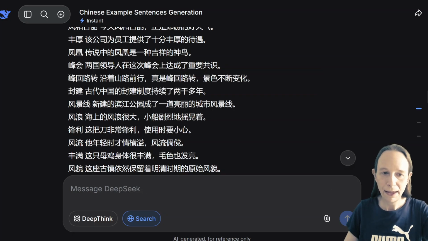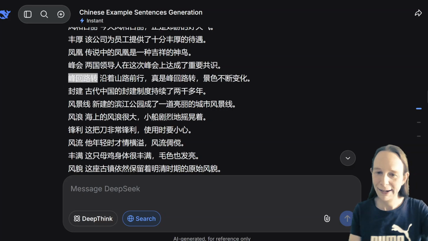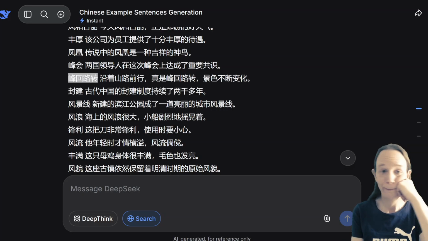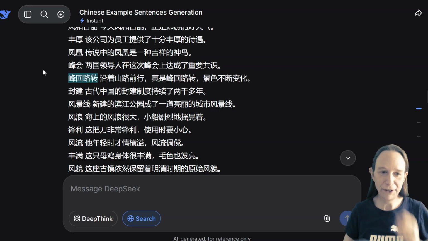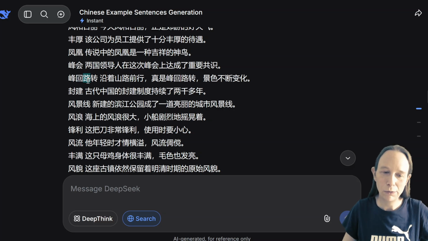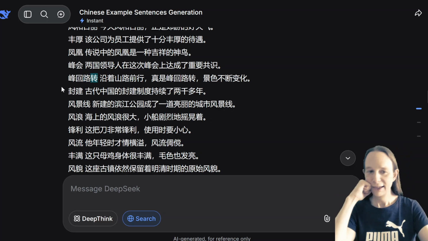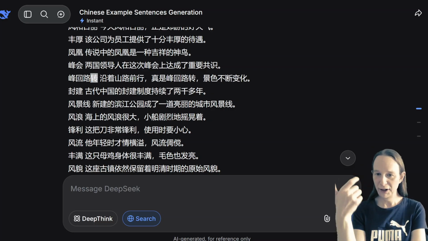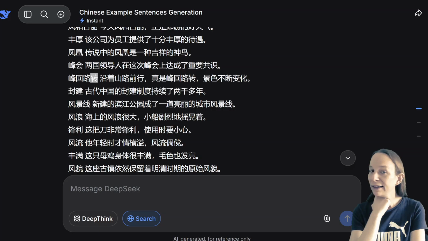All right. 峰回路转. I don't know this one. 峰, it still means summit. 回, return. 路, road. 转 can mean return. It can mean windy. I don't know.